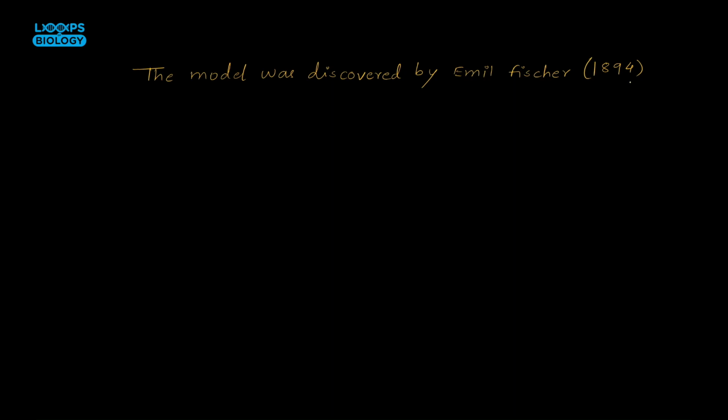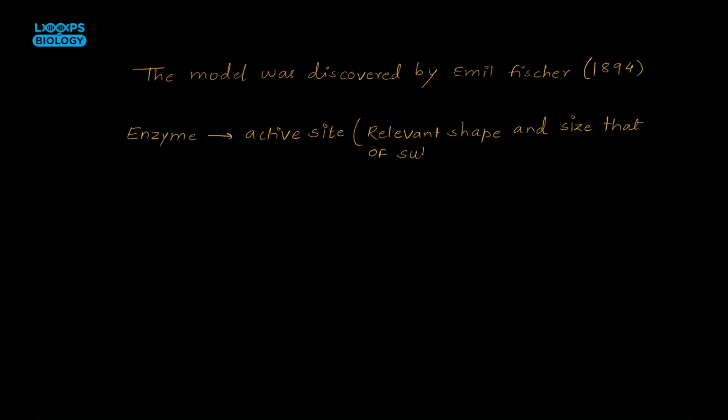When Emil Fischer saw that the enzyme should have some active site, but this active site should be of relevant shape and size to that of the substrate. So that was his hypothesis, that the enzyme active site should be according to the size and shape of the substrate.